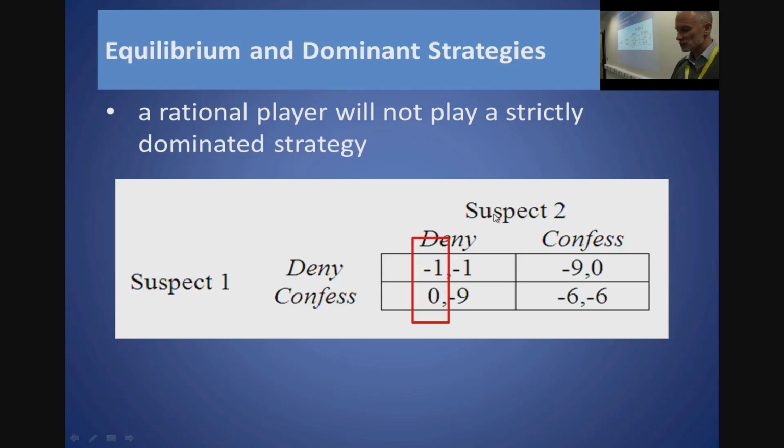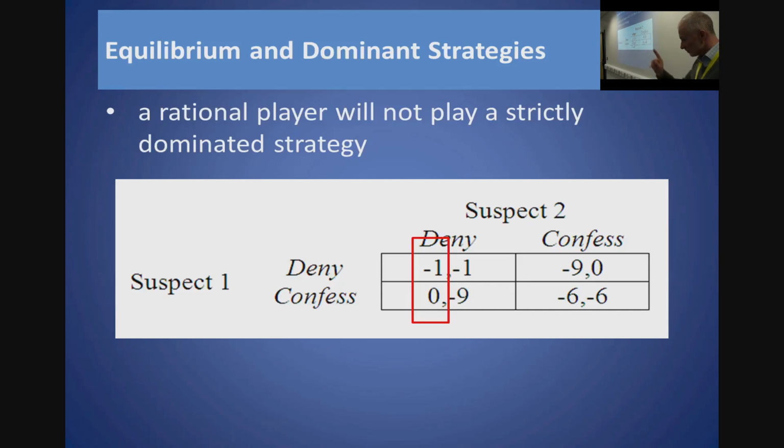But if suspect 2 is going to deny, if I choose to confess, if I drop him in it, I will get 0 months in prison. And so given that choice, what would suspect 1 do? Deny or confess? Do you want to spend 1 month in prison or 0 months in prison? Exactly. You're going to confess. So if suspect 2 chose to deny, the optimal choice of suspect 1 is to confess. Spend 0 months in prison.